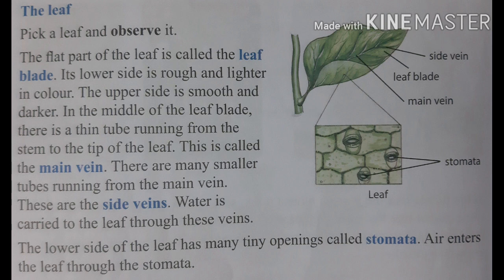This is called the main vein. There are many smaller tubes running from the main vein. These are the side veins. Water is carried to the leaves through these veins. The lower side of the leaf has many tiny openings called stomata. Air enters the leaf through the stomata.